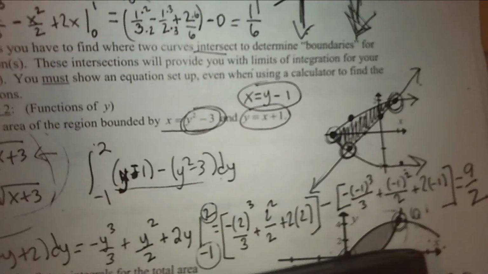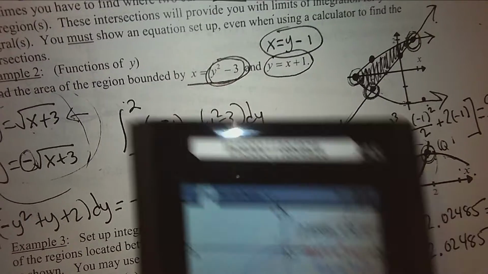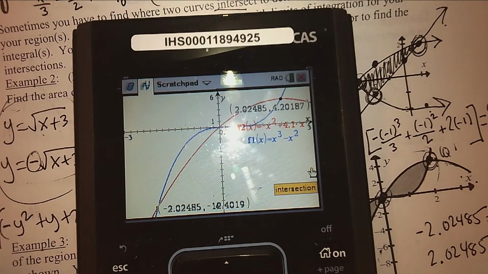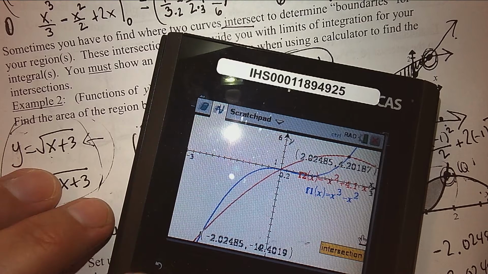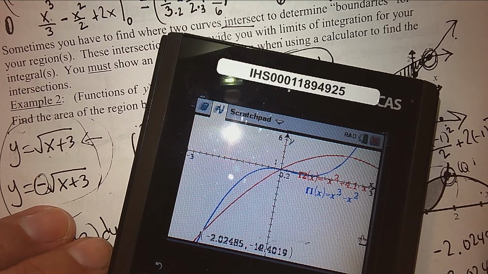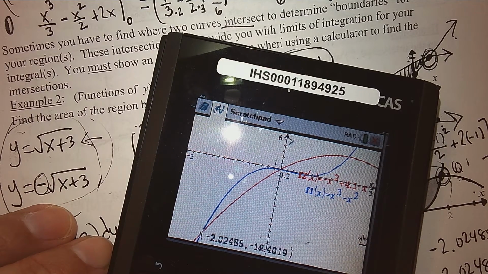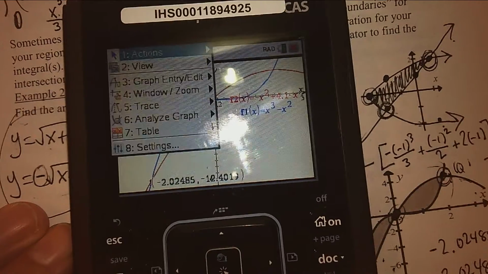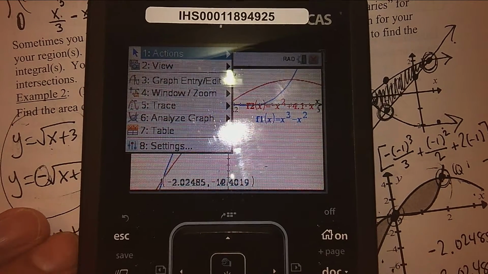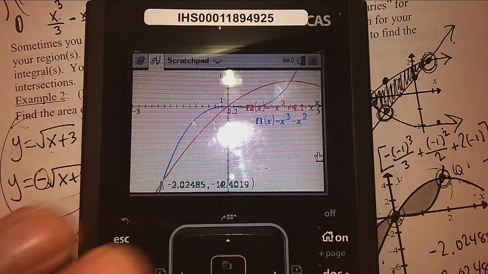All right, now let's go back to our calculator. What's the setup going to look like now? Again, I'm going to go Control Escape to get rid of the points of intersection. I'm going to go to Menu, press Analyze Graph, and press 8 for bounded area.